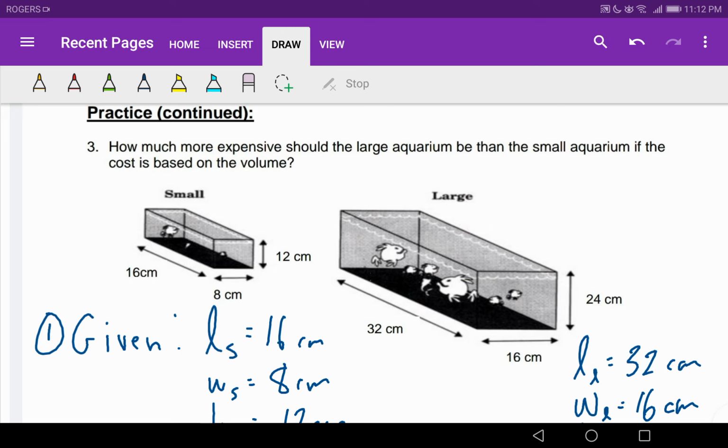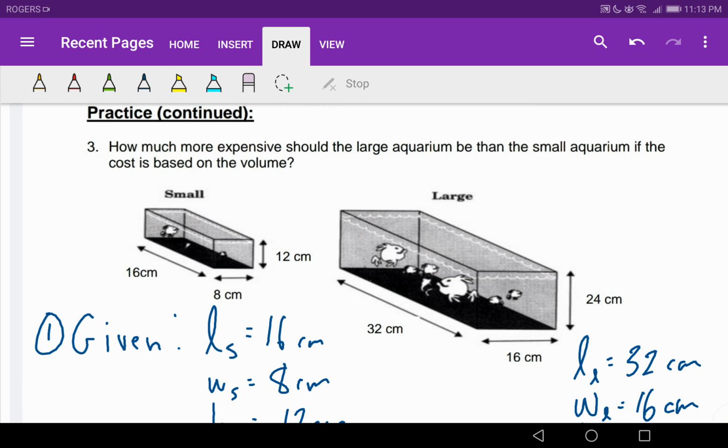So once again here, if I were to reword this, I would say that we need to find out how many times larger the large aquarium is than the small aquarium. In other words, how many small aquariums will fit into the large aquarium?